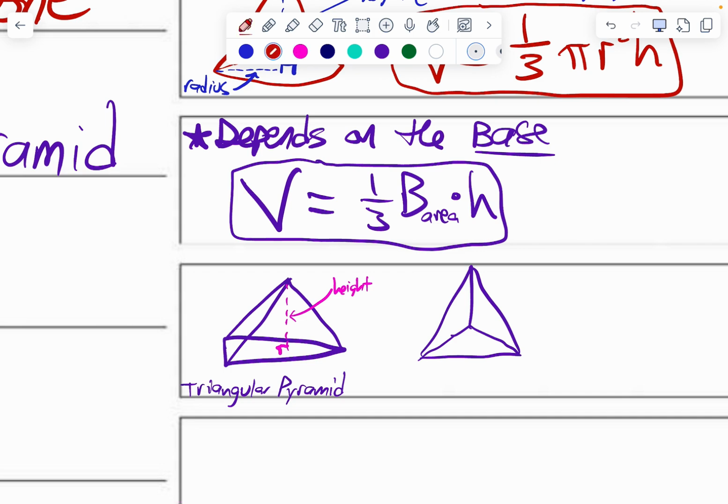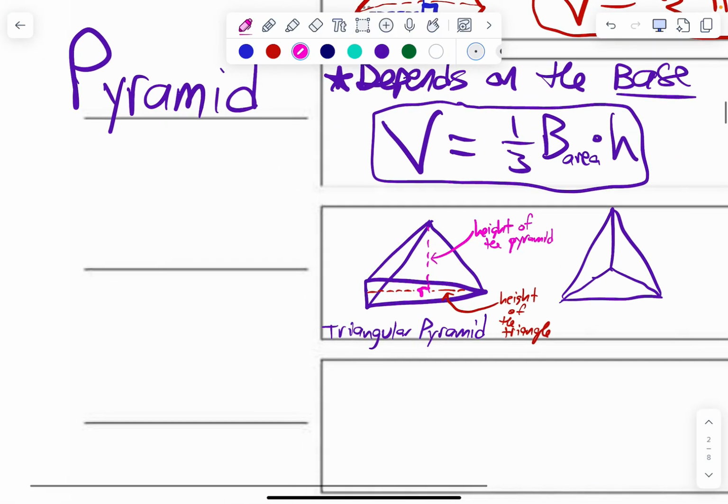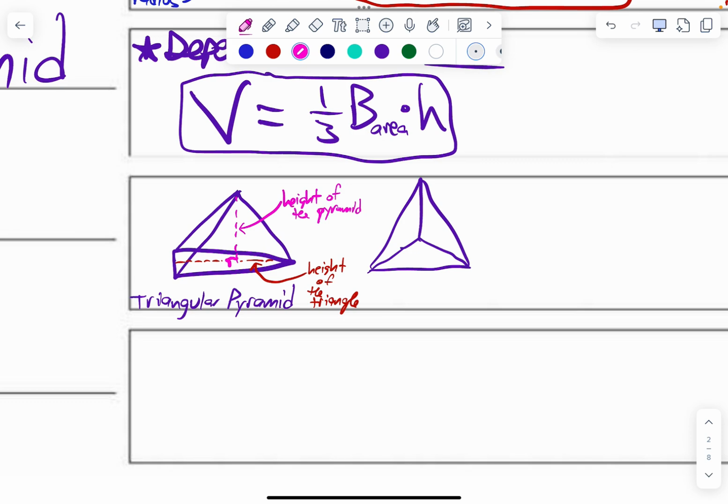So on your picture, it's going to get kind of busy here. Let's say height of the triangle. And I'm going to continue to add this height of the pyramid. So what would the formula be for the volume of a triangular pyramid?